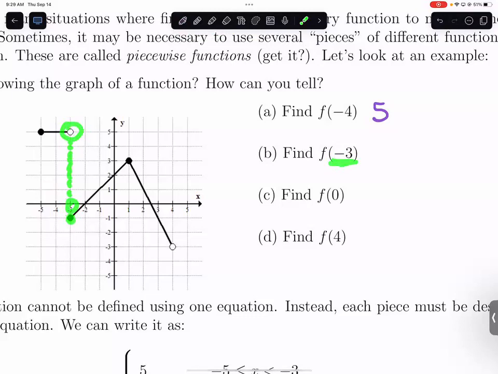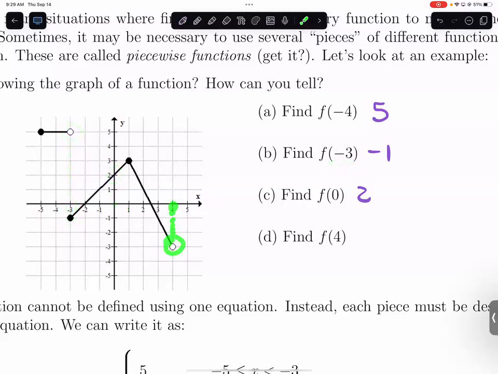So at -3, if all I'm allowed to do is look straight up and down, I don't see the thing above. That open point, the hollow one, is just there for our benefit so we can tell what happens nearby, but it's not actually at that value. So this would be -1, 0, 2, and 4. You can't find it.